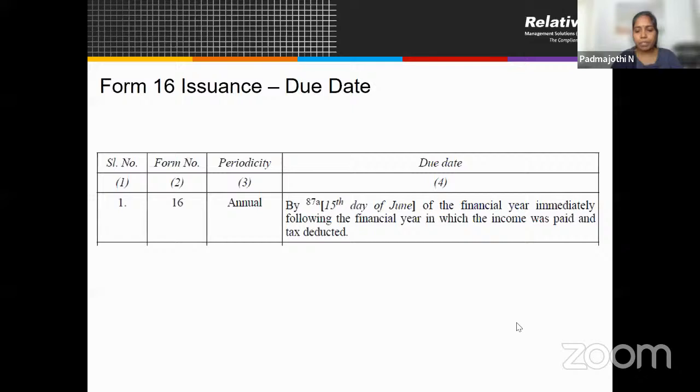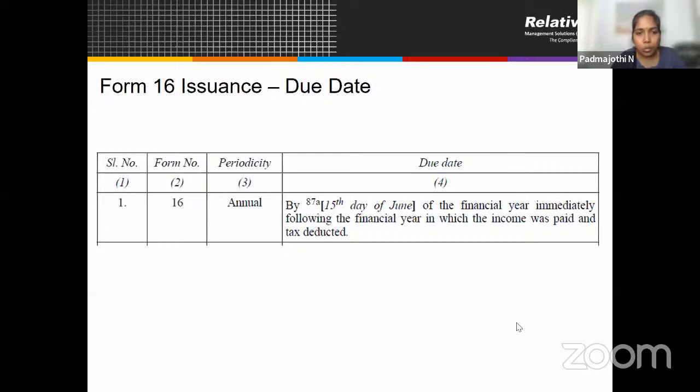As everyone knows, Form 16 has to be issued for the financial year 21-22 before 15th of June 22. In previous years extensions were provided, but for this financial year, till now there have been no announcements or circulars from the CBDT regarding extensions. As per industry views, we are also not expecting any extensions.